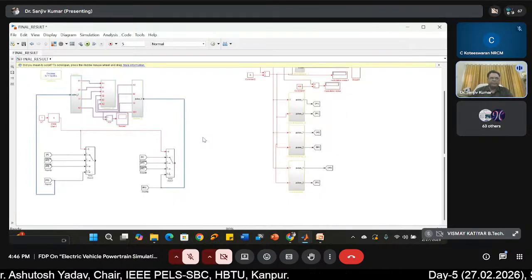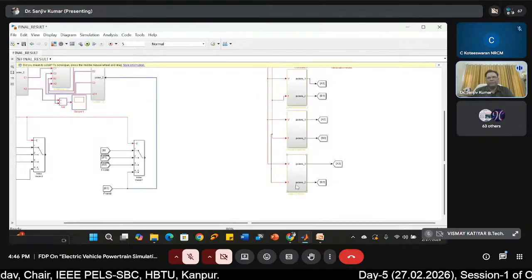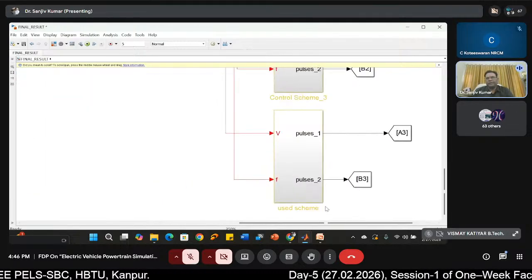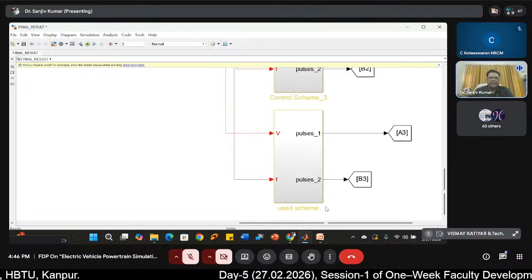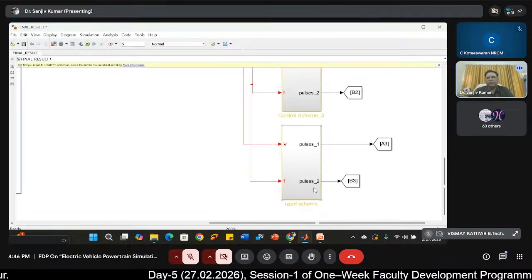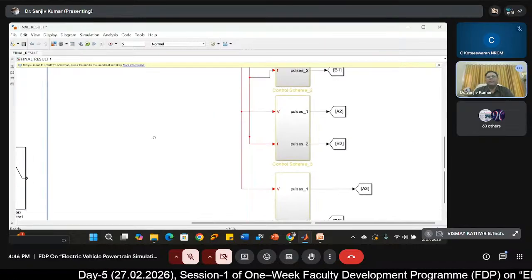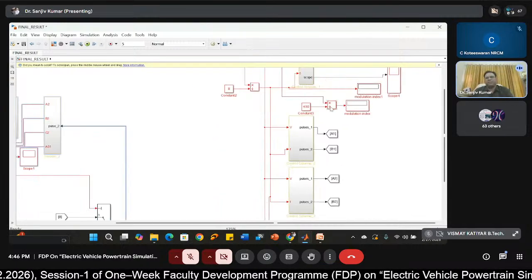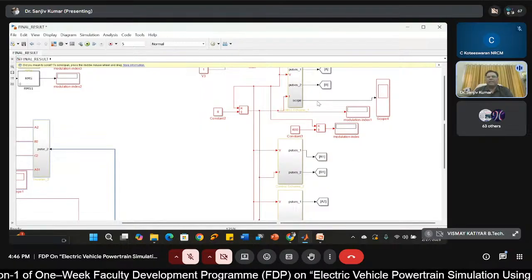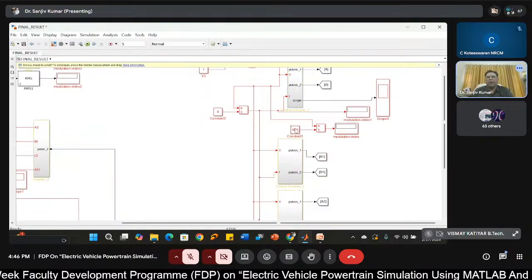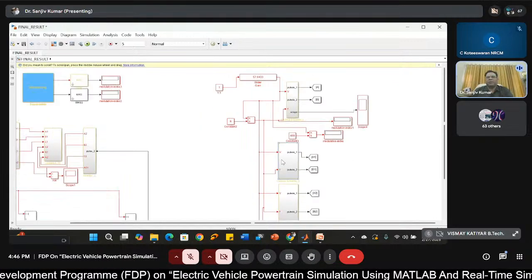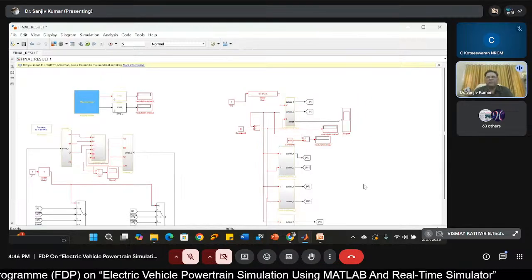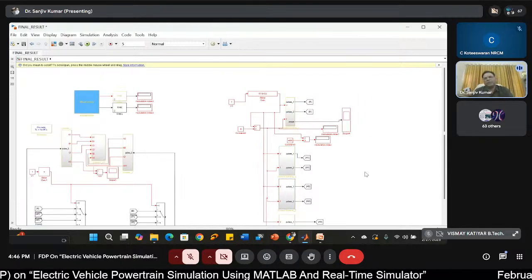Here, this is the scheme which I have already demonstrated to you. We have also developed various other schemes, like sinusoidal modulation, third harmonic injection modulation, or selective harmonic elimination modulation.